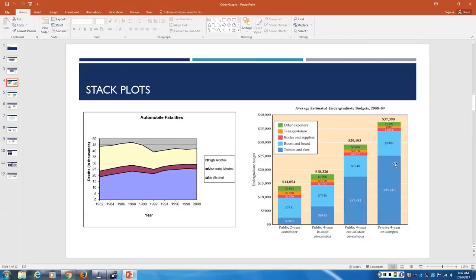On the automobile fatalities chart, if one of those lines or categories dips below and intersects with one of the lower categories, will the program automatically restack or replot it so that doesn't happen? It will, and if you look here at the beginning, notice there's 3 separate bands, right?